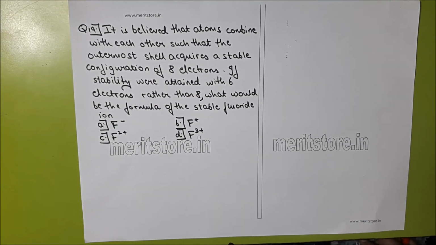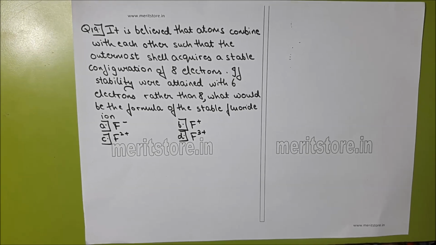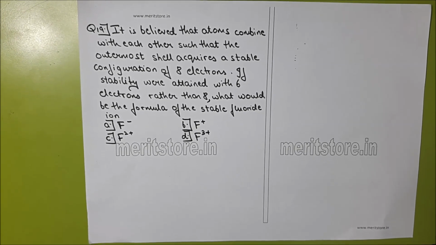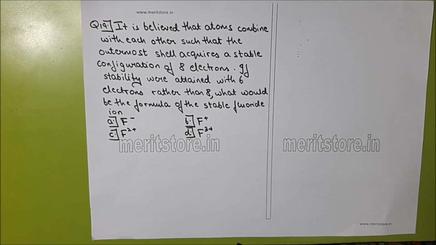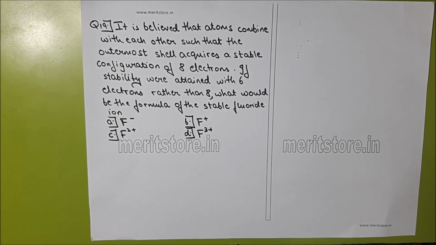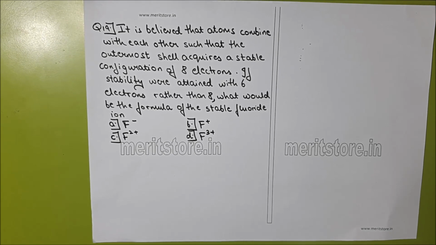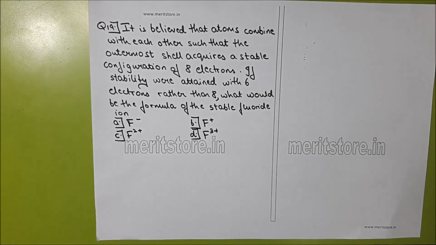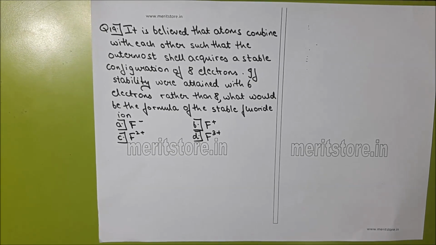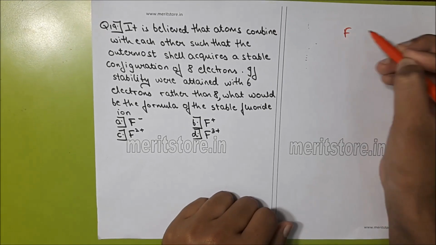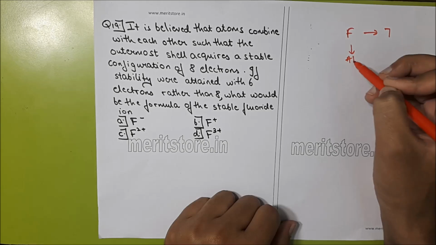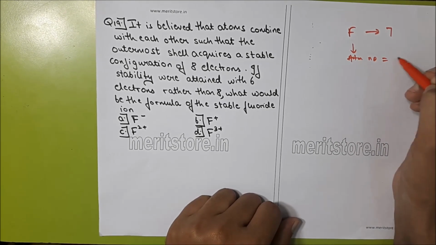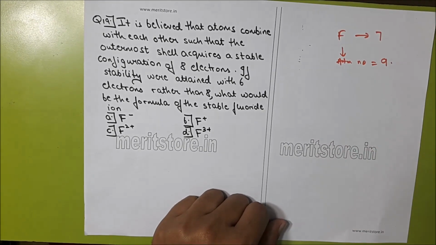Question number 19. It is believed that atoms combine with each other such that the outermost shell acquires a stable configuration of 8 electrons. If the stability were attained with 6 electrons rather than 8, what would be the formula of the stable fluoride ion? A F minus, B F plus, C F2 plus, D F3 plus. Okay, the atomic number of fluorine is 9, so the number of valence electrons is 7.